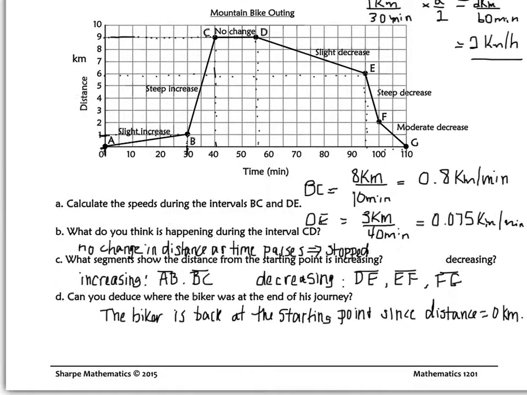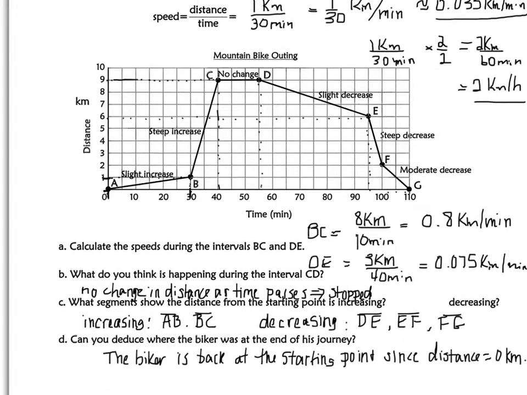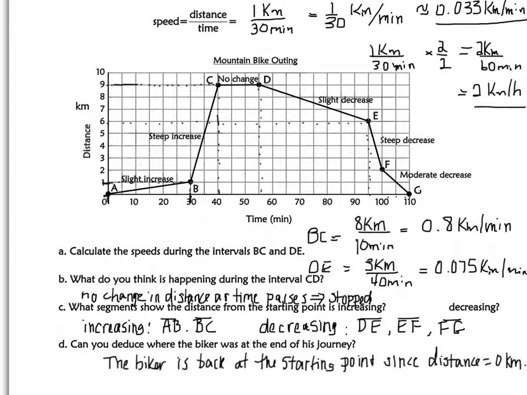So looking at the graph now, just to go back to the steepness of the lines, there's no question here about that, but you should notice that when they have the steeper lines, for example BC, that would mean that there's a greater change in distance over a smaller change in time, which would mean that the speed would be greater.